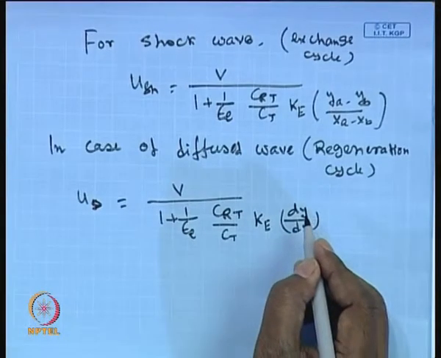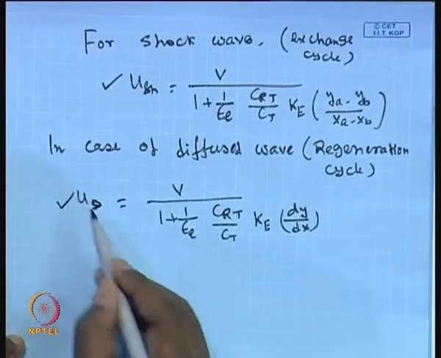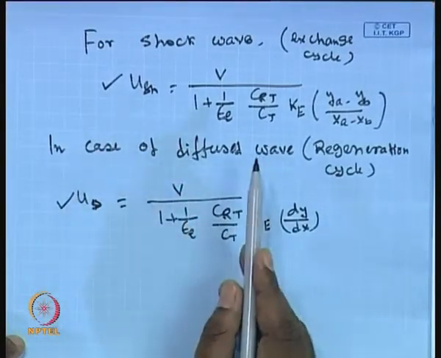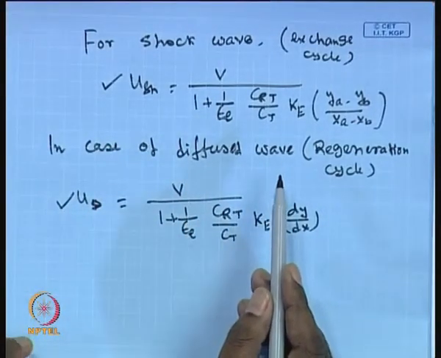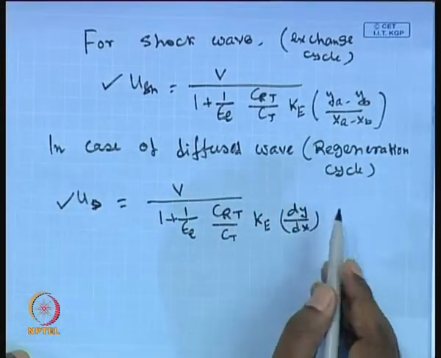Okay. So, these will be the velocities when you will be working with a shock wave, that means exchange cycle, and this is the velocity when you are talking about diffused wave or the regeneration cycle.